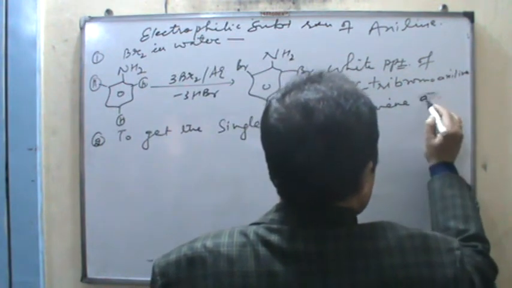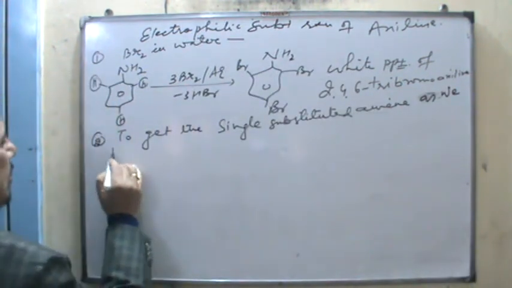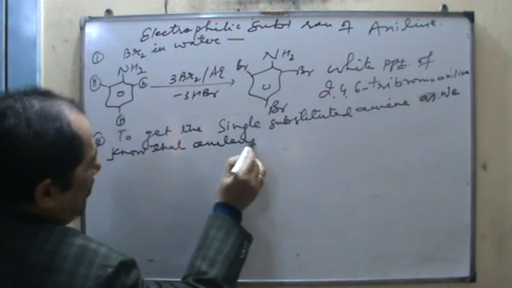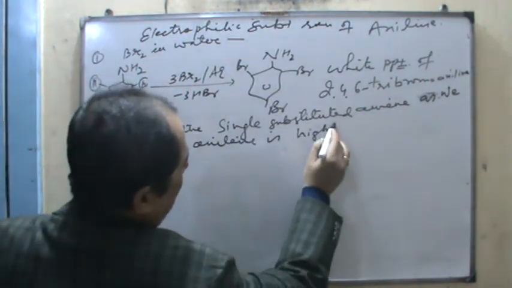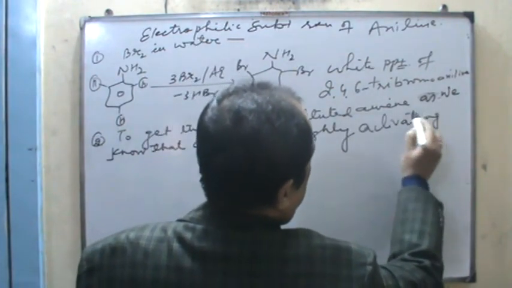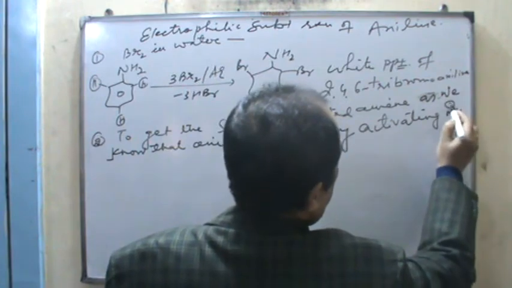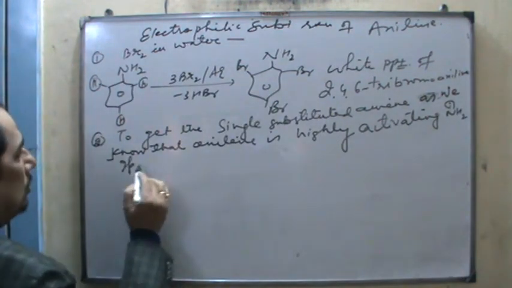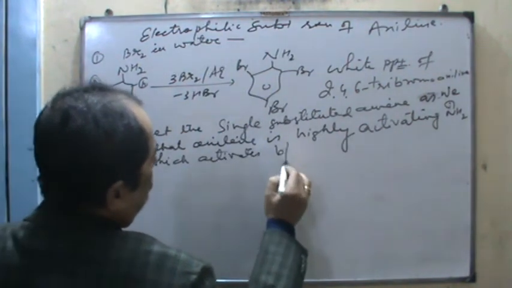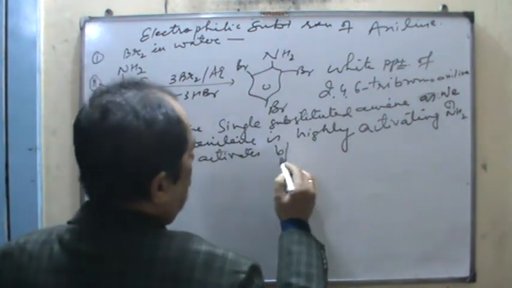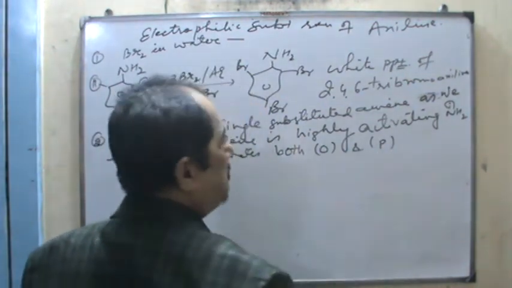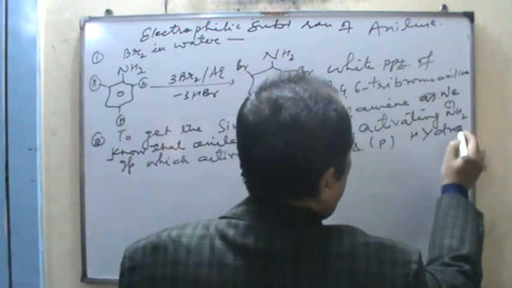As we know that aniline has a highly activating NH2 group, which activates both ortho and para hydrogen.